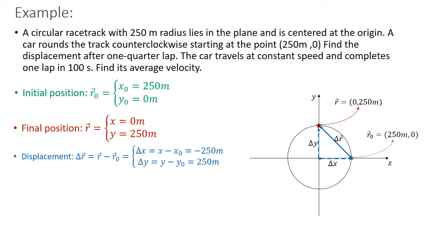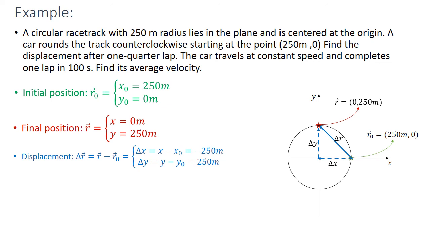Now, the second part tells us that the car travels at a constant speed and completes one lap in 100 seconds. Find its average velocity. If the car completes one lap in 100 seconds, the time it takes to complete one quarter of the lap is 100 seconds over 4, because it's moving with a constant speed. So it needs 25 seconds.